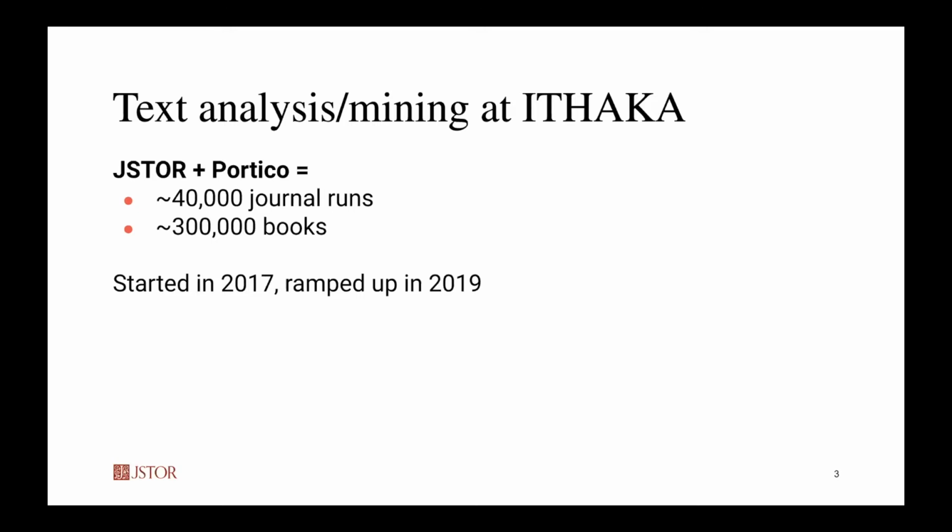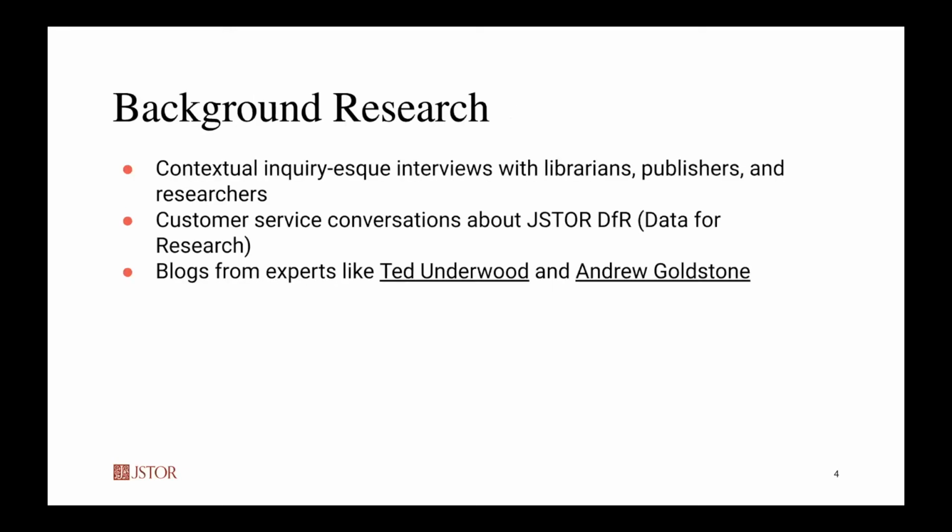We started some initial research in 2017, and starting in 2019, started making a really concerted effort. Like we think we want to make a tool for text mining, but how can we make that useful? Is this something that people need JSTOR's help with? Let's see how people do text mining.